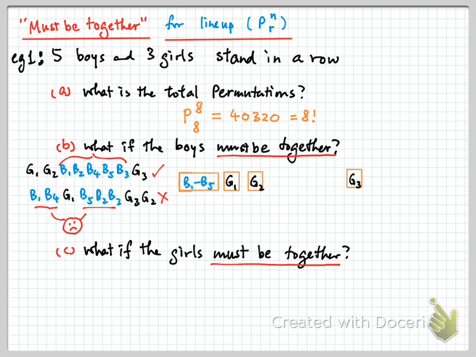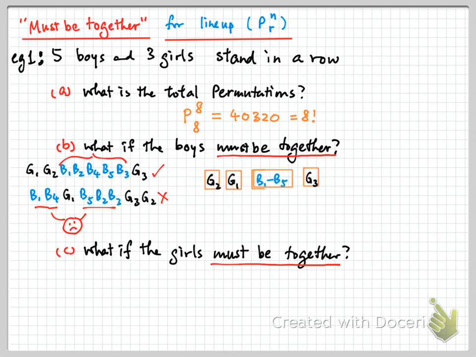No matter how you shuffle the boxes, the 5 boys will always be together. Now, we are making use of this method to calculate that things must be together.